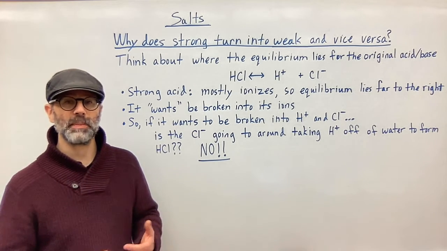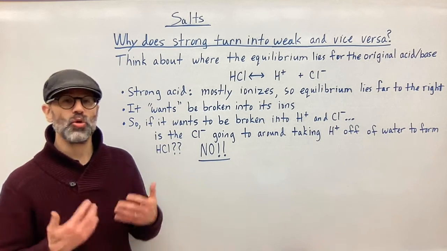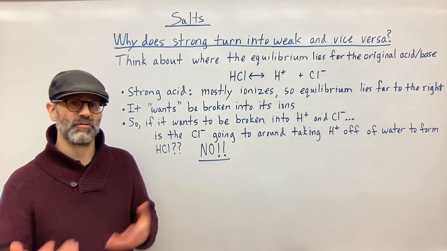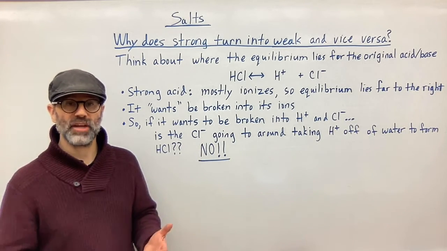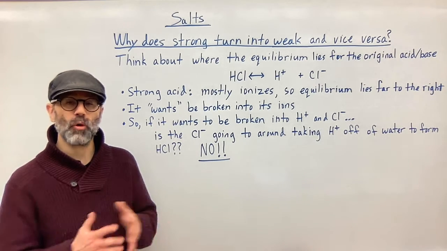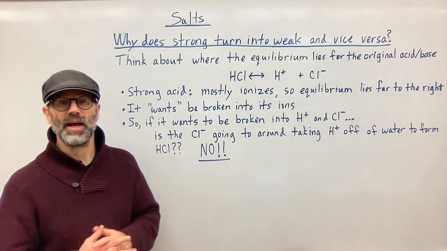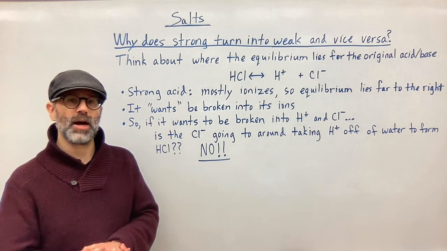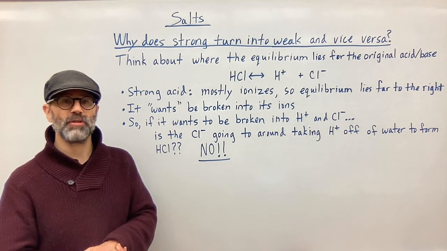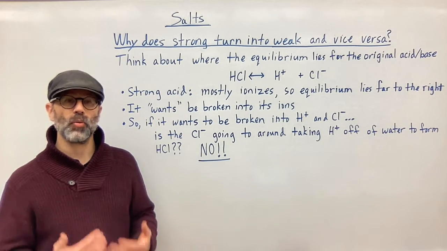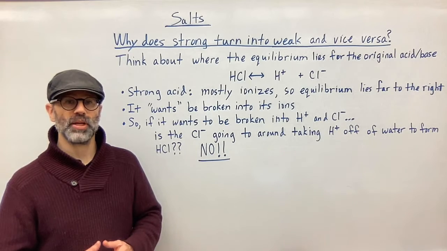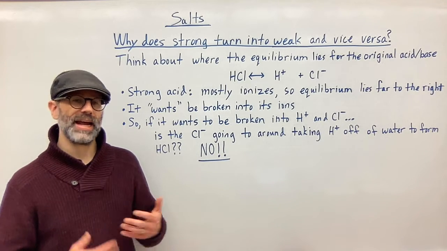So that's what we mean by Cl minus being too weak, or not strong enough, to take a hydrogen from water to make HCl, because HCl does not want to be formed. It wants to be ionized completely in water. So let's talk about some steps that you can follow in order to determine whether the ions in your salt are going to be reacting with water, and how so.